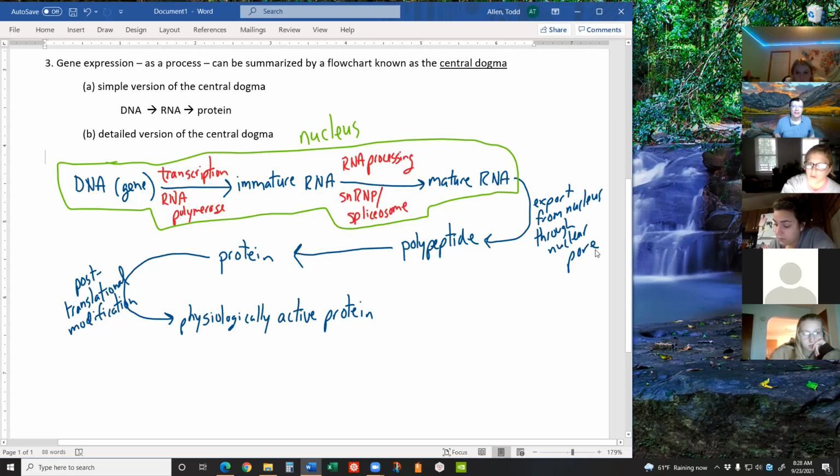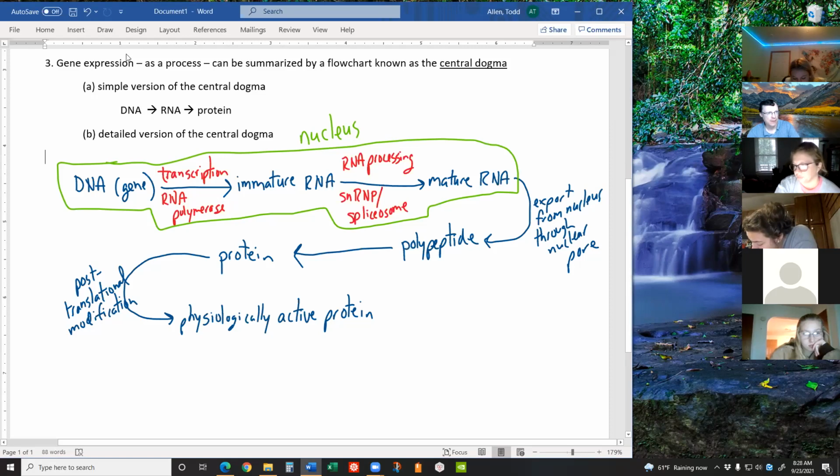Okay. So once the RNA is in the cytoplasm, okay, it can be free floating in the cytoplasm or it can be shuffled into the endoplasmic reticulum. It happens a couple different ways. The next thing that's going to happen is that the polypeptide is manufactured.